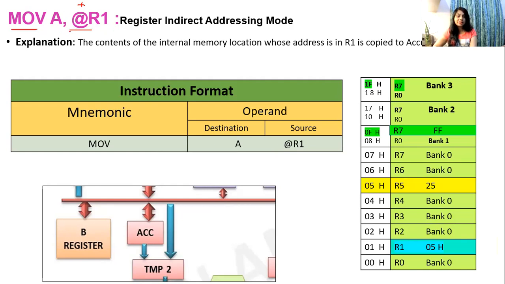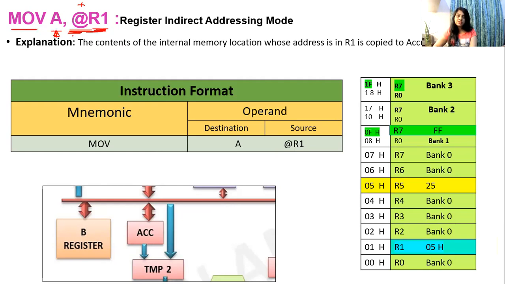Here this @ sign is present. The @ sign indicates that R1 holds the address of a memory location. This instruction says move, because this is source and this is destination. Again, A is destination.